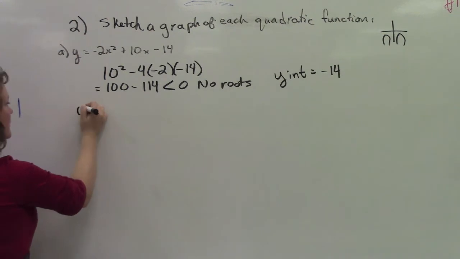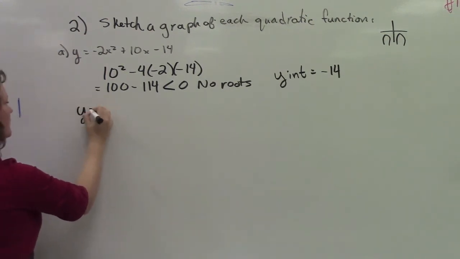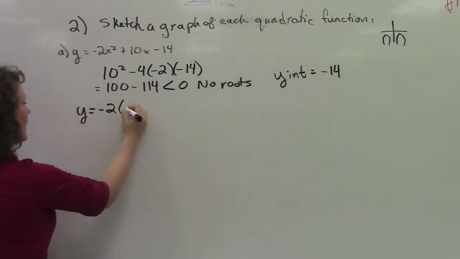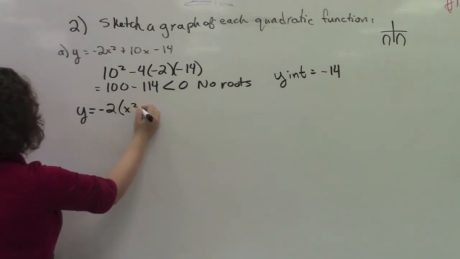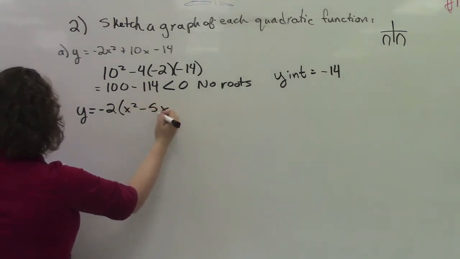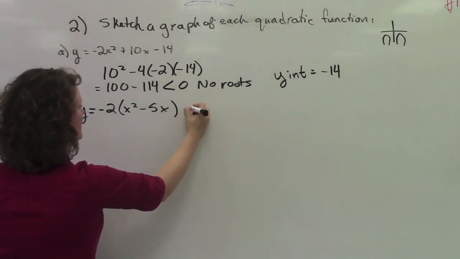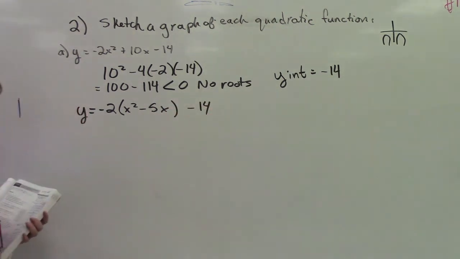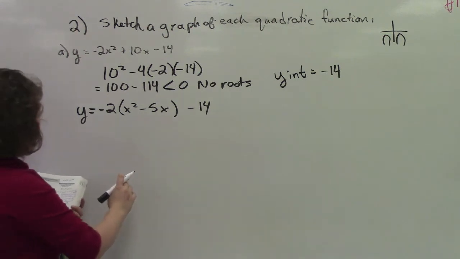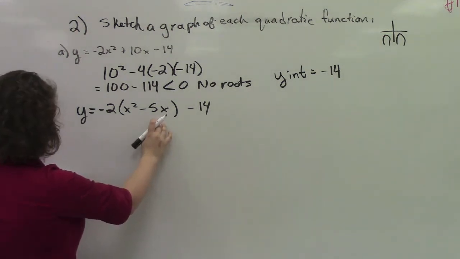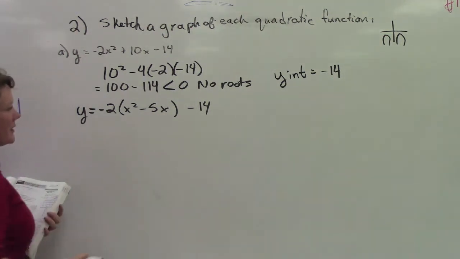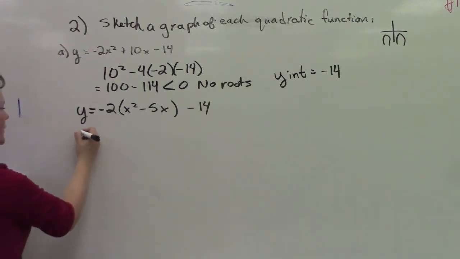Alright, so the first thing we do is we want to pull out that negative 2. So then we're left with x squared minus 5x, and then we're just going to say minus 14 out front. We have to think of what we can add and subtract to this to make it a perfect square trinomial.